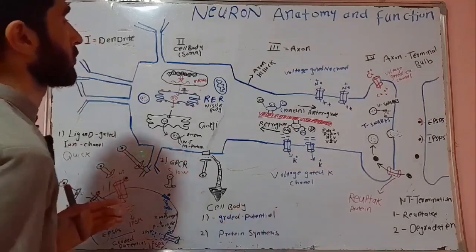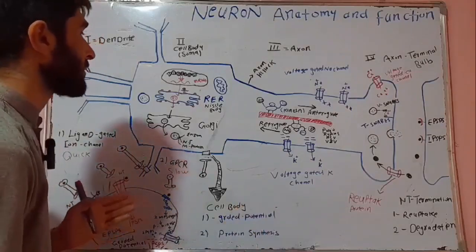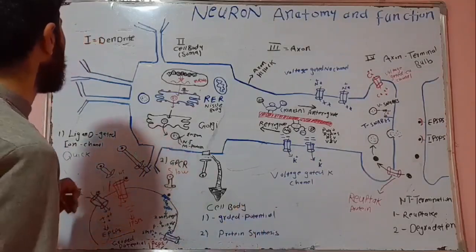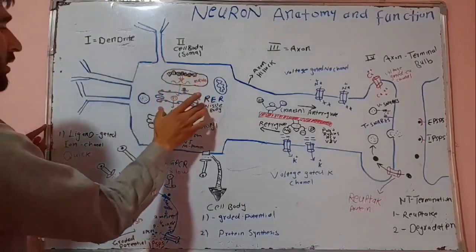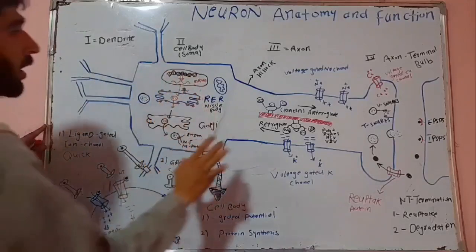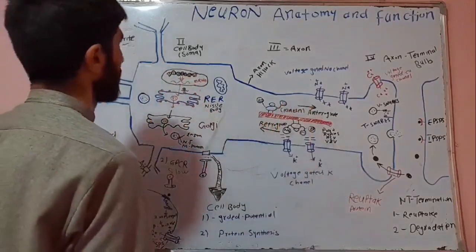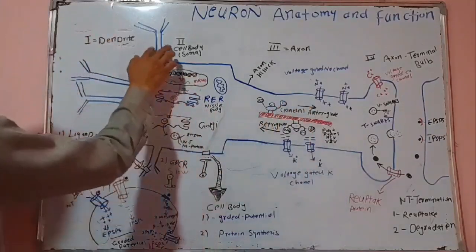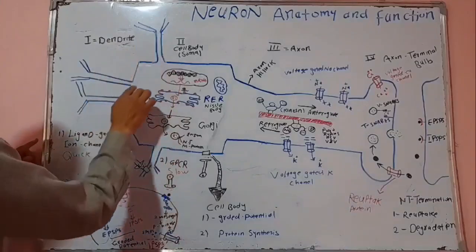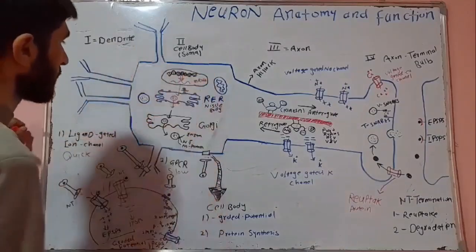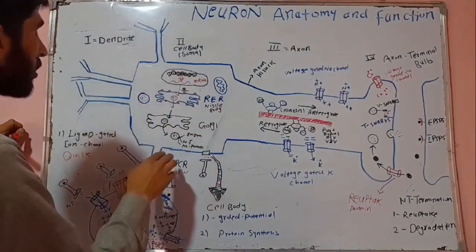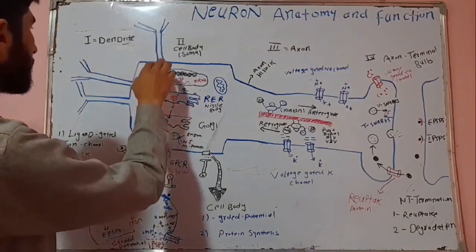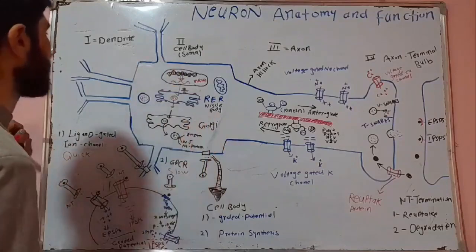There is a neuron. A neuron has some important parts like dendrite, cell body, and axon. This extension is called dendrite. The dendrites originate from the cell body, and the number of dendrites in a neuron is different.